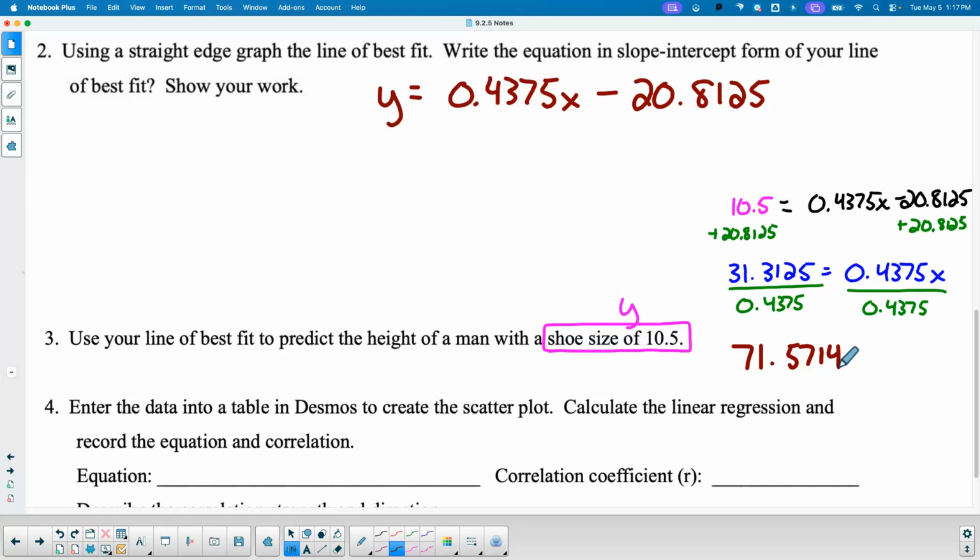What's our label to go along with that one? Inches? Okay.